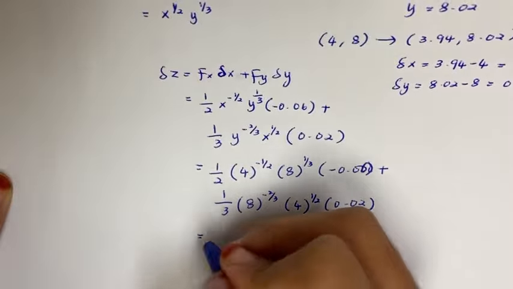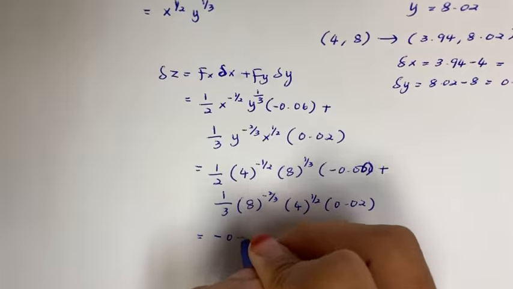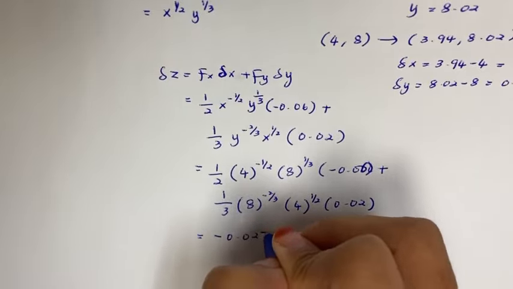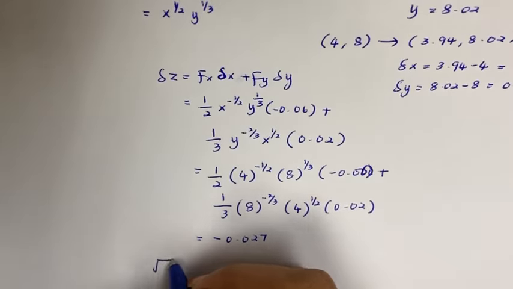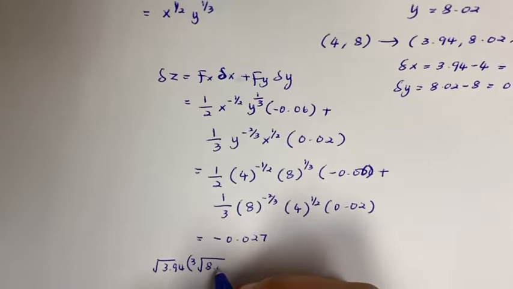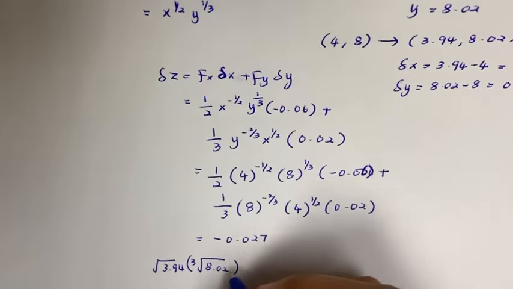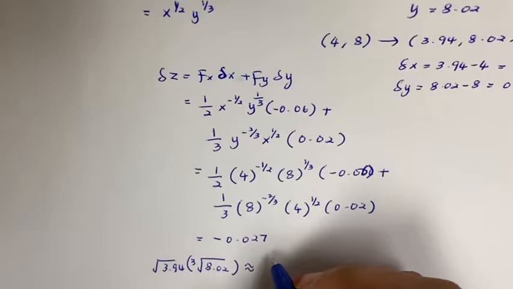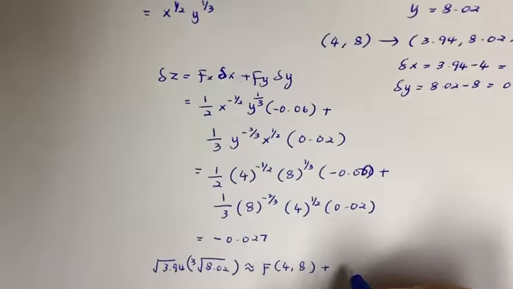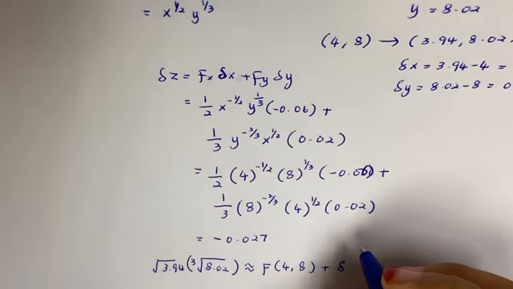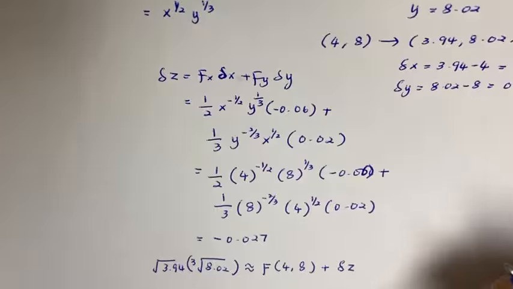Okay, so this is equal to minus 0.027. So this is delta z. To find the value for square root 3.94 multiplied by cube root of 8.02, this is approximate to f(4,8) plus delta z.